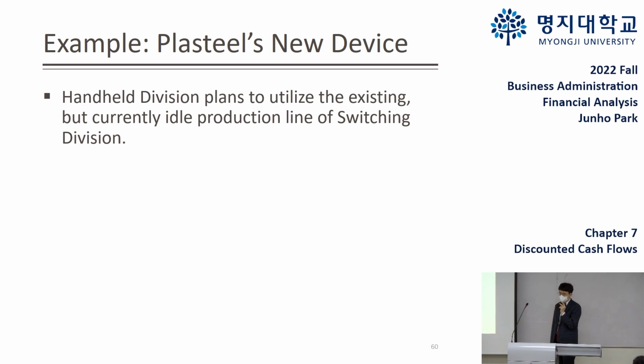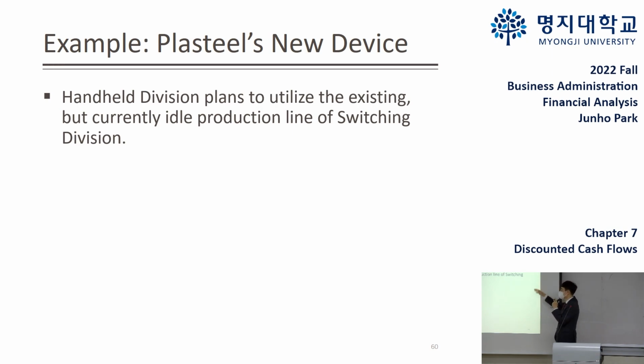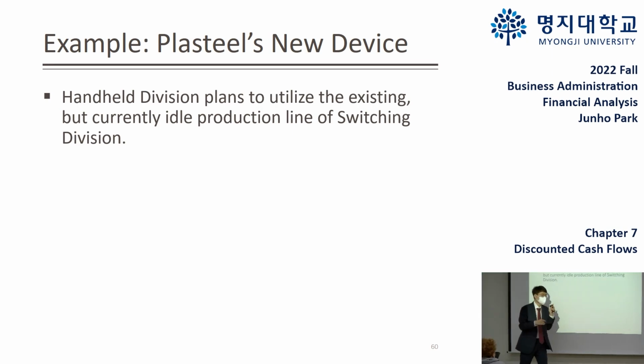And the third line was about the excess capacity. To be honest, the handheld division is getting some benefits from other divisions, because there is another division called the switching division, and they already purchased these facilities, and then they had no plan to use them, so they are just leaving them free.